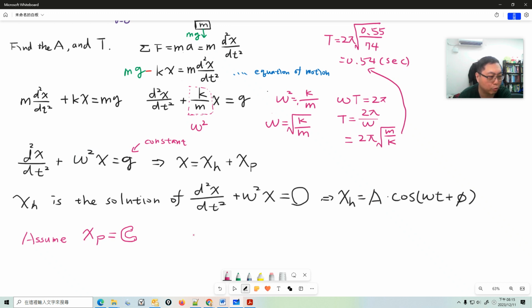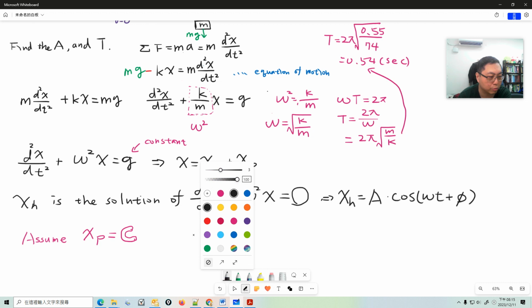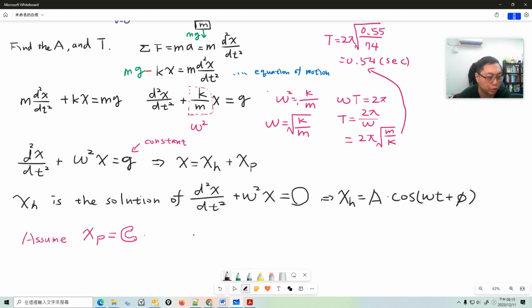What is the meaning of a solution? A solution is valid for the original equation. So you put this C back into your equation. You will see C d t squared, plus omega squared C, equals g.